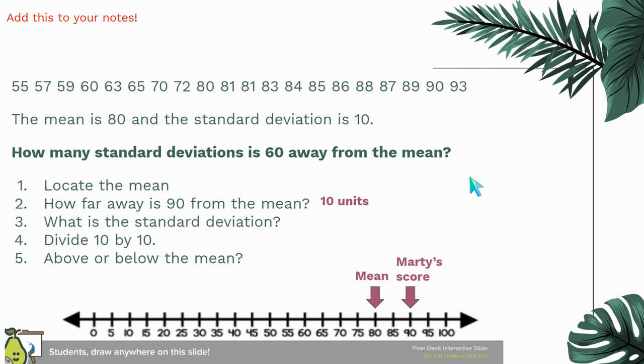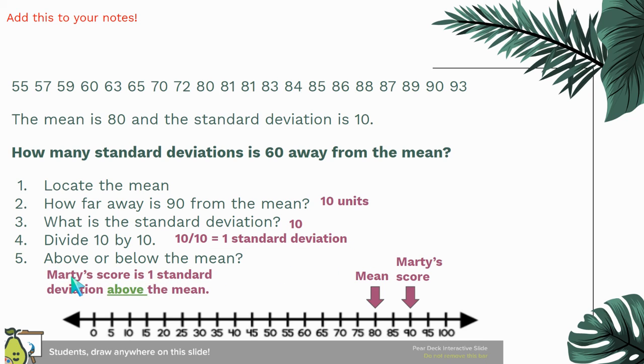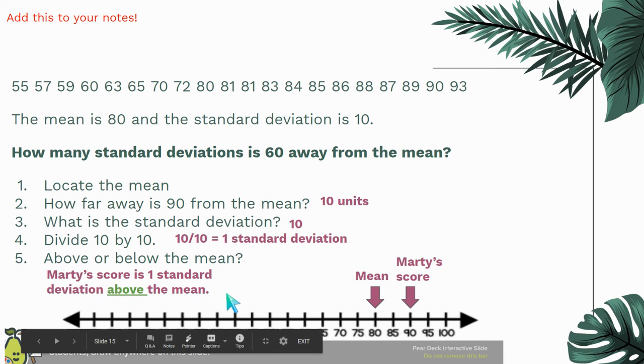What is the standard deviation? Now divide 10 by 10 to get how many standard deviations. And now above or below the mean. So Marty's score is 1 standard deviation above the mean.